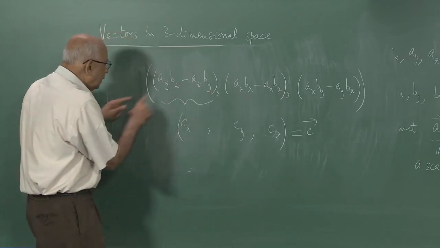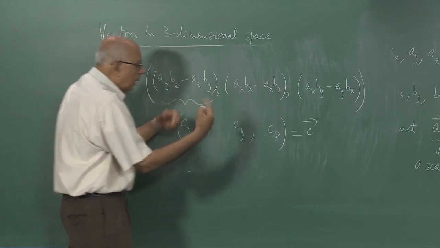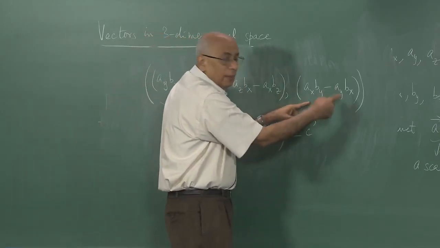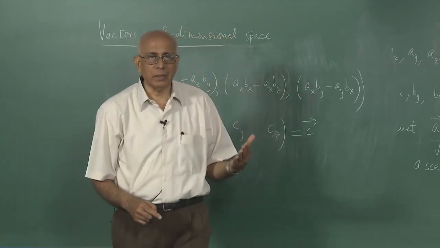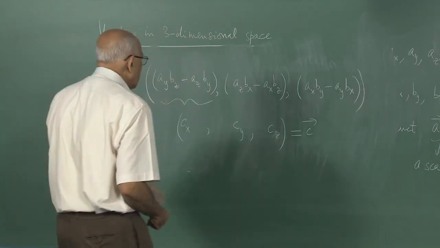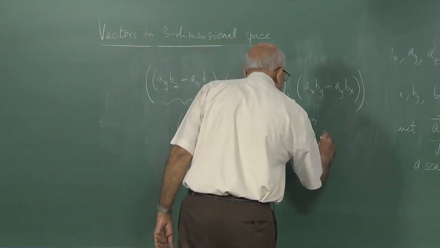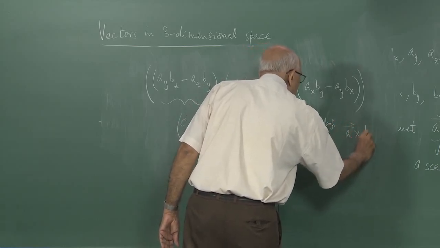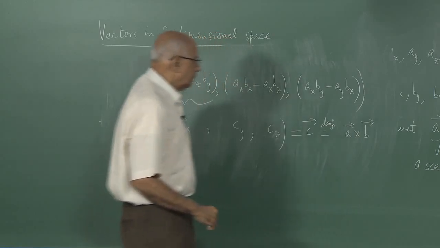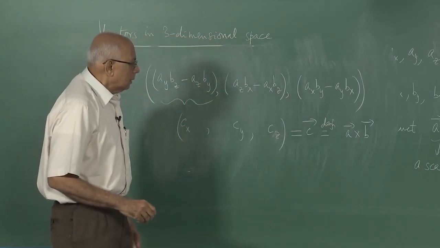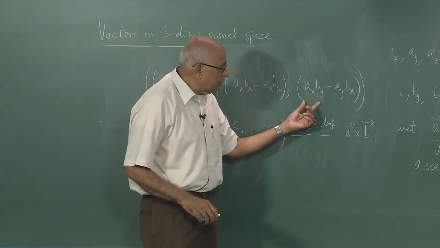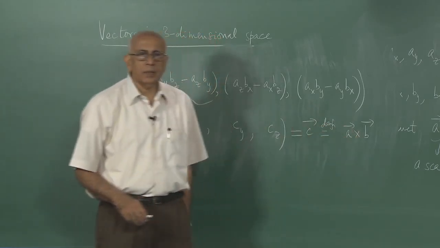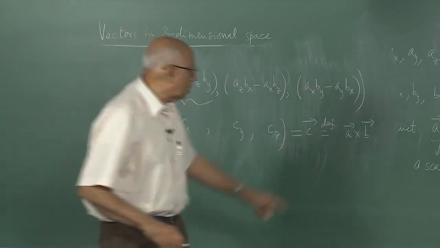So the x component is yz minus zy, the y component is zx minus xz, and the z component is xy minus yx in cyclic permutation. This quantity is called by definition the vector product of A and B. There is one component of A in every term, there is one component of B in every term, and it is called the vector product here, or cross product for this cross.